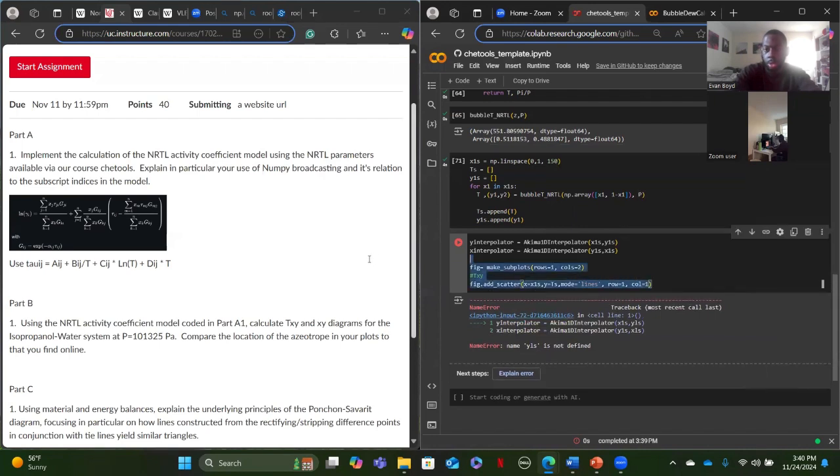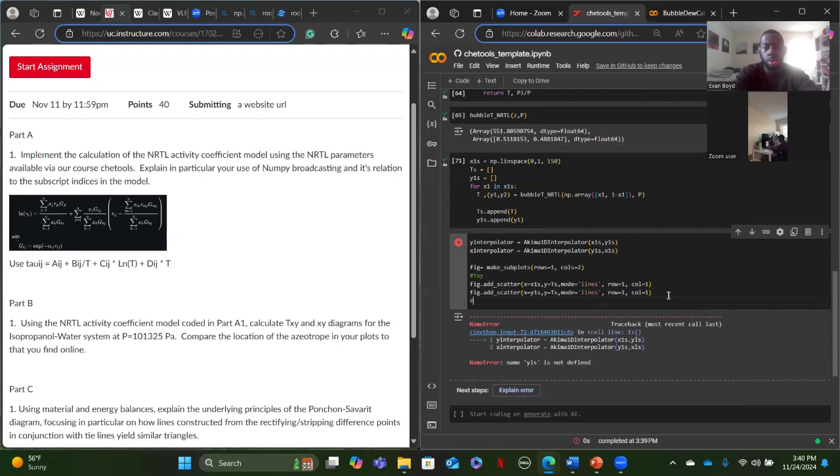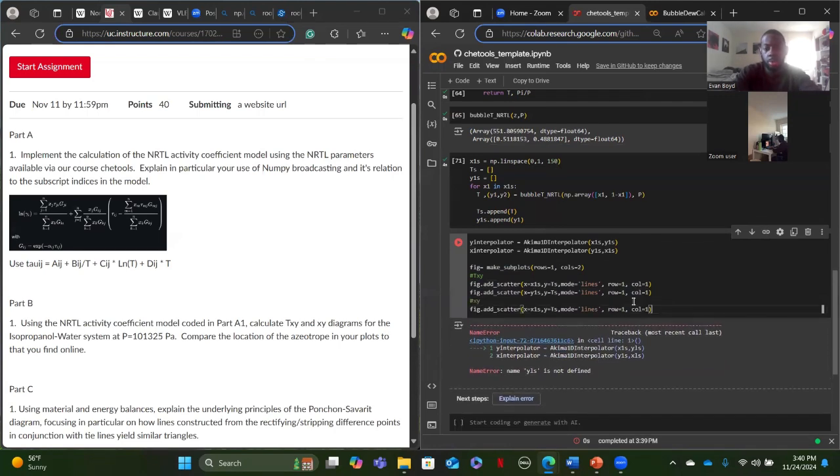And then we can actually copy and paste this, and the difference would be that our X now is our Y's. Okay, this is our TXY. And now for our XY, we can actually copy and paste this again, but instead of our Y being TS for temperatures, it'll be for our vapor composition, so Y1s. All right, and our column is 2.